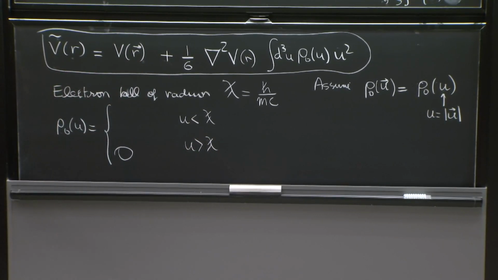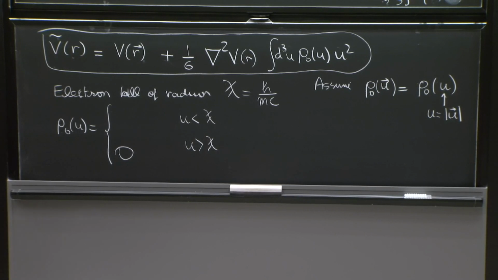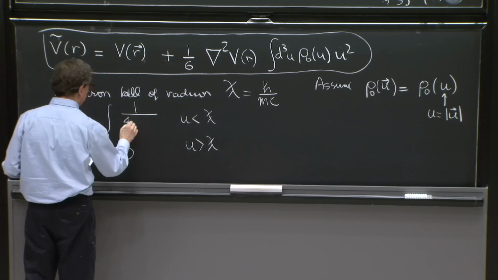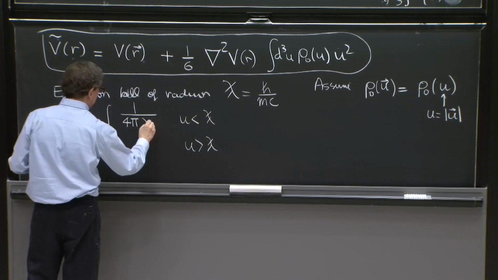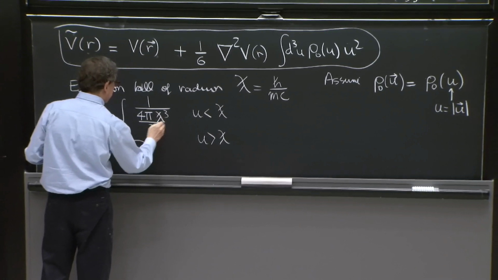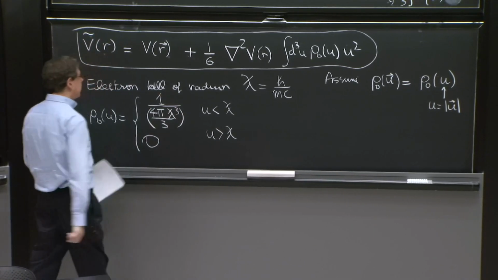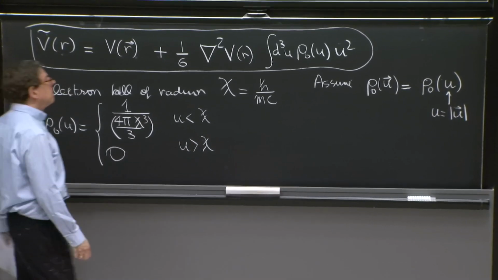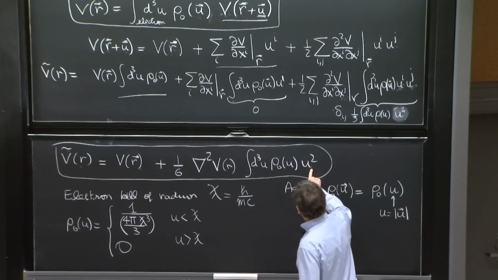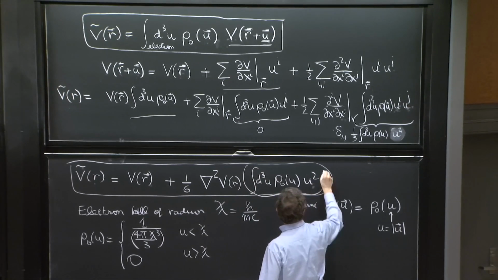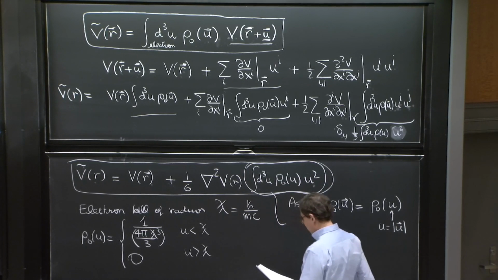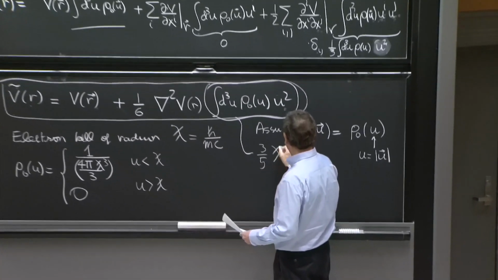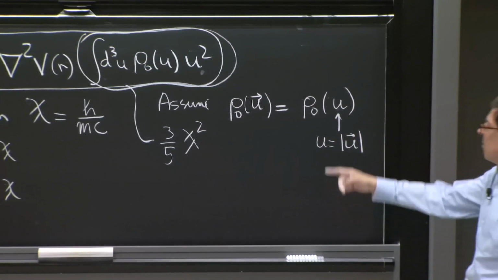That's a ball, some density up to there. And this must integrate to 1, so it's 1 over the volume of that ball, 4 pi lambda cubed over 3. Do this integral. This integral gives you actually 3/5 of lambda squared with that function.